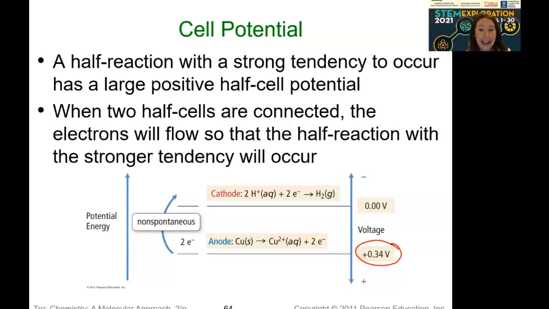And if it's more negative, we have to remember that negative repels negative, right? So electrons are more likely to be repelled by it, meaning it's more likely to be oxidized.